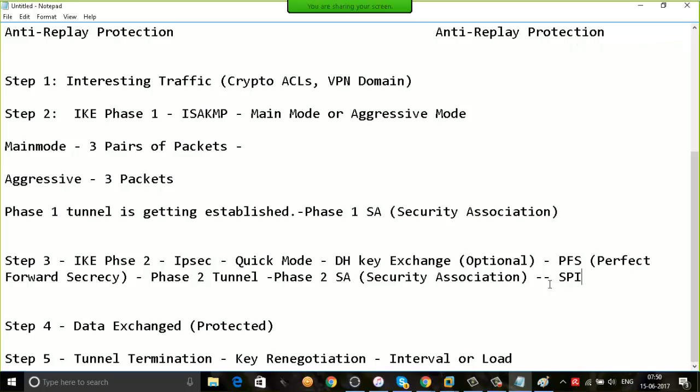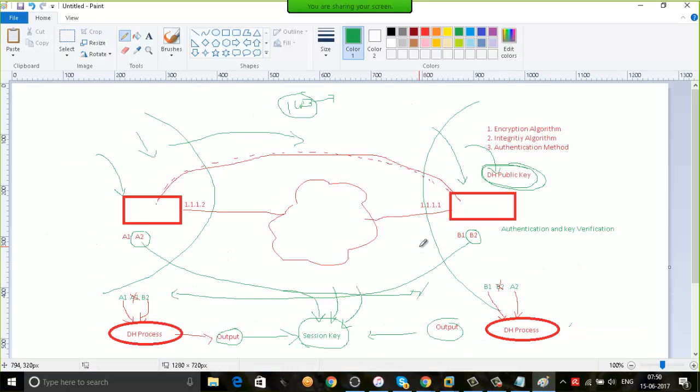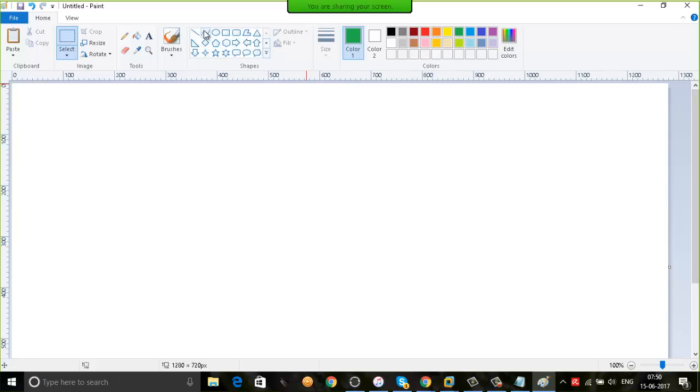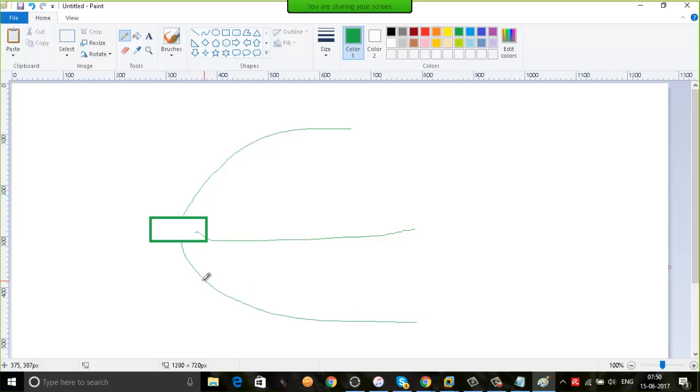Why is that so? When you have multiple tunnels with multiple peers, let's say you have a tunnel for branch office 1, another tunnel for branch office 2, another tunnel for partner site 1, and like that multiple tunnels could be possible.